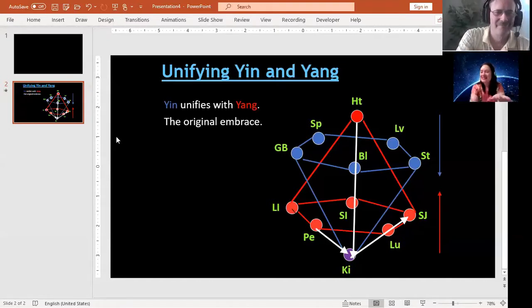Exactly. All this kind of treatment is based just on taking this information into consideration and not the 5-element theory. Right.